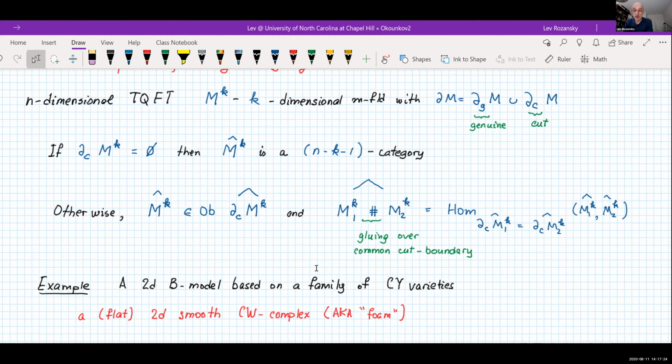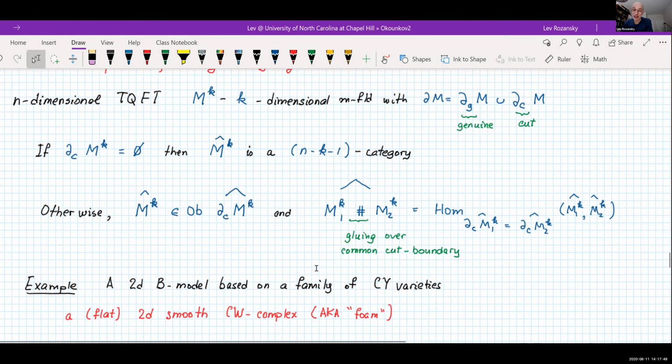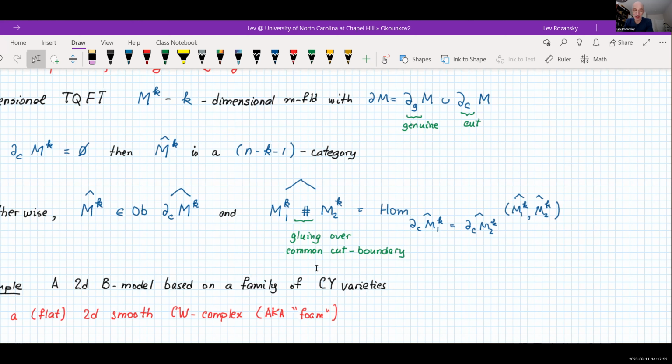And if you glue two manifolds of the same dimension over their common cut boundary, then what you get is the category, or a number, again depending on where it happens, which is Hom between their objects in the category of their common cut boundary. So now I will start showing you pictures, and this will start making sense.